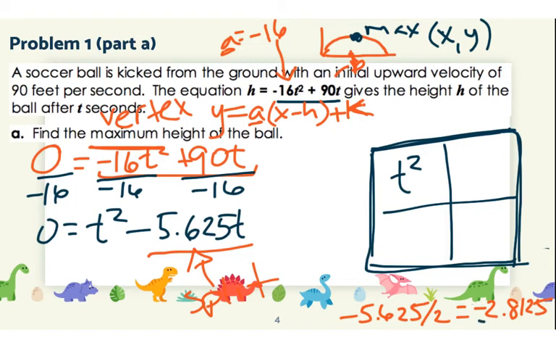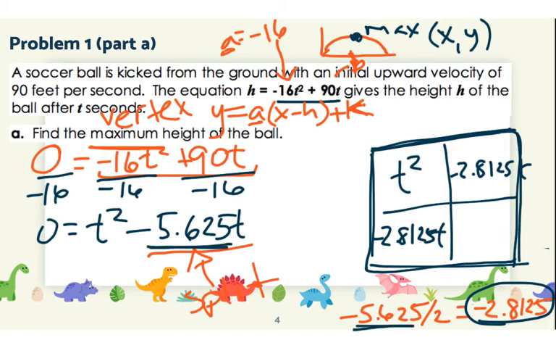All right, so remember, I can take this half goes in this box, 2.8125t, and half goes in this box, 2.8125t. Okay, so I've just taken the middle term here and I've split it in half. So if you combine those, if you put negative 2.8125 minus another one, you'll get negative 5.625.